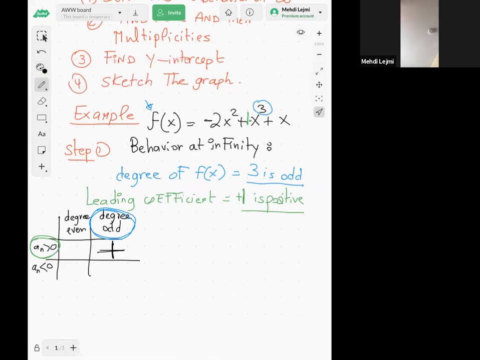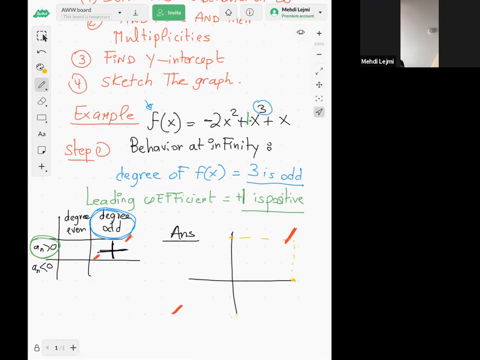So our behavior at infinity is this. Your graph is going to start from the bottom left, from the bottom down here, and go up to the right. This means that when x is at positive infinity, y is also at positive infinity.